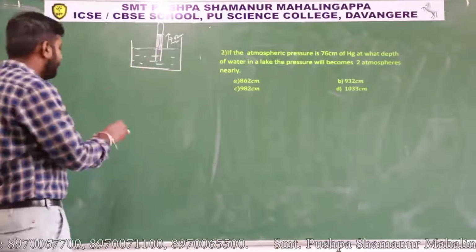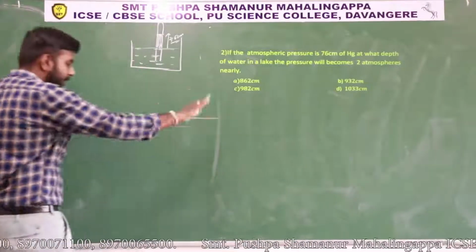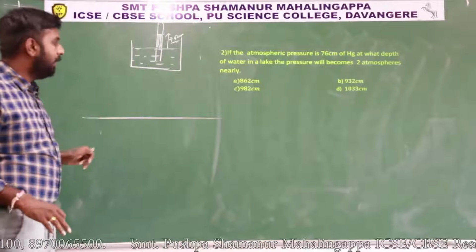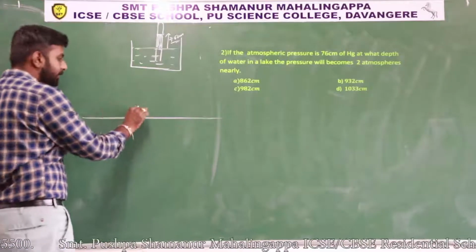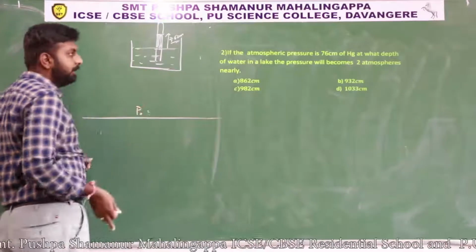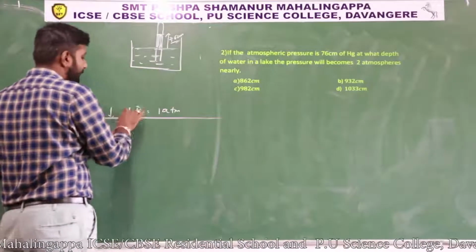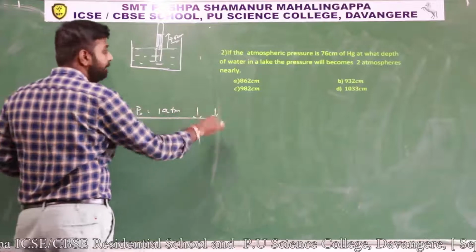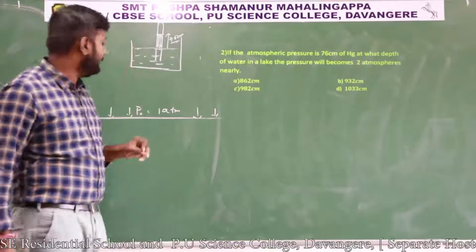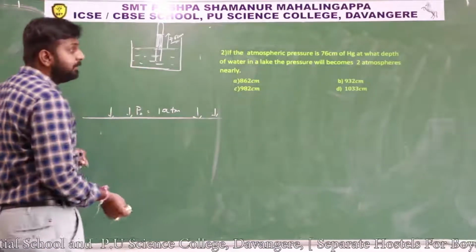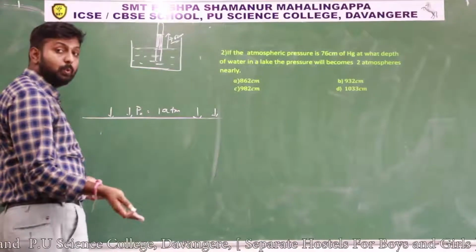Then let us consider this the top surface of the water, and you know that at the top surface the pressure is P0, that is 1 atmospheric. I can consider on the top surface the pressure acting is 1 atm. We have to find at what depth the pressure becomes 2 atm.